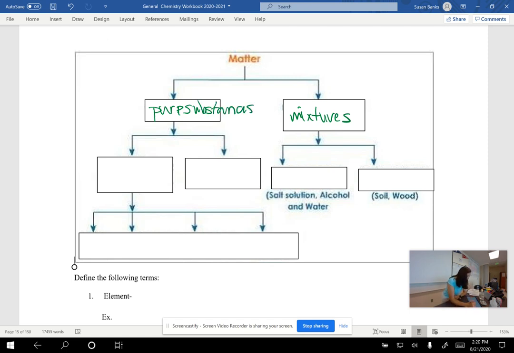Okay, we have two types of mixtures. We have what are called homogeneous mixtures, and we have heterogeneous mixtures.